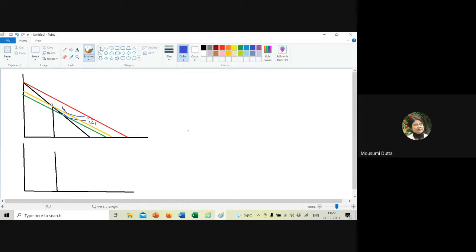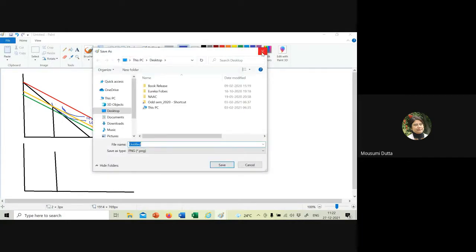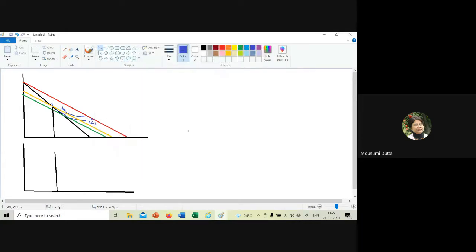So let me drop the perpendicular as well. This corresponds to point R. That is, this is giving Slutsky substitution effect.